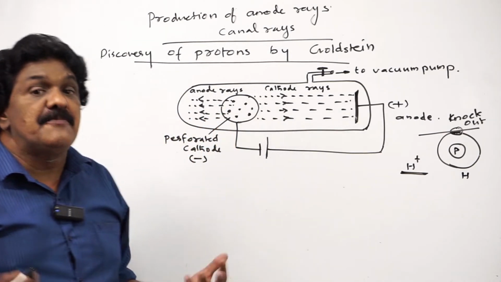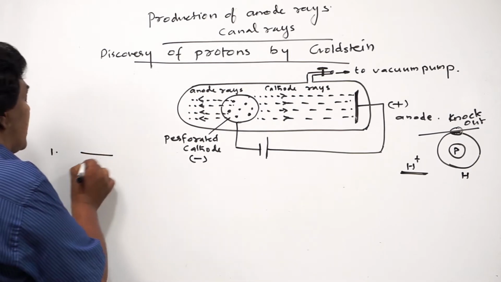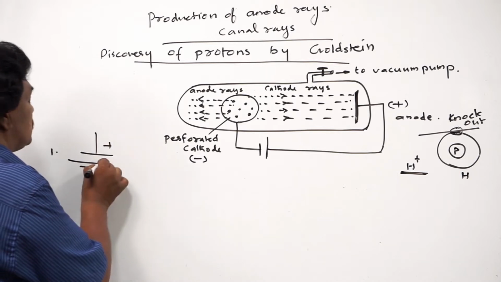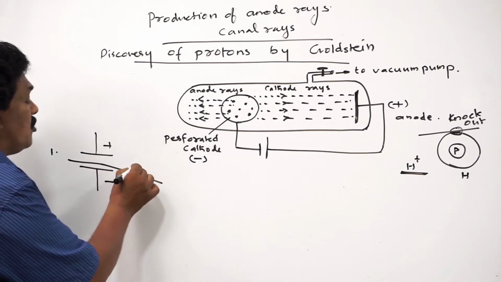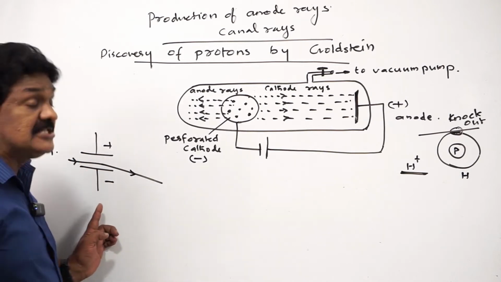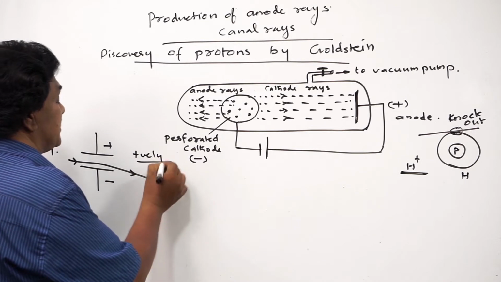Let us see the properties of anode rays. One, anode rays are deflected towards the negatively charged plate, so they contain positively charged particles.